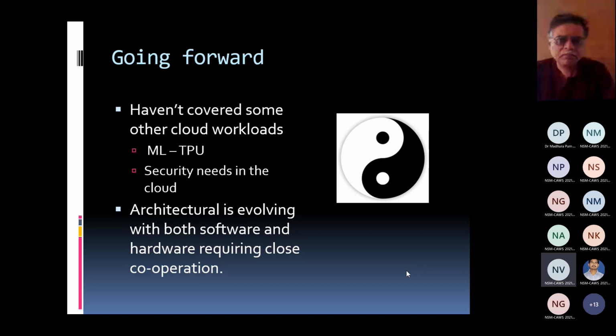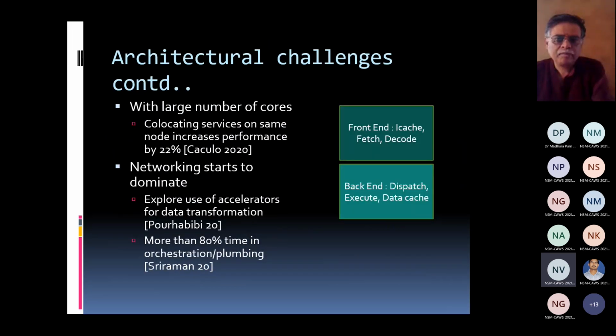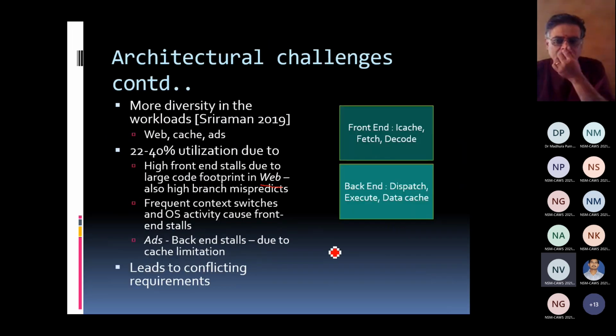In the containers, you were showing that web application, cache and ads were handled, and it was having these kinds of issues. How did you manage to get this data? This is there in this paper. You can read this paper. I will share the link.